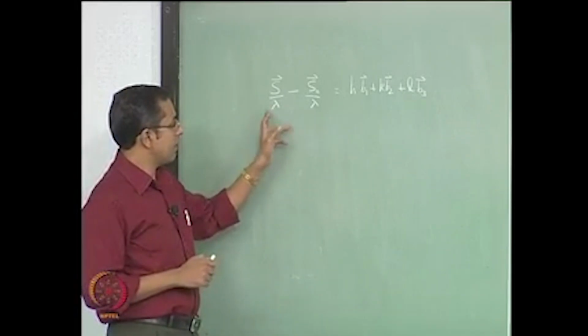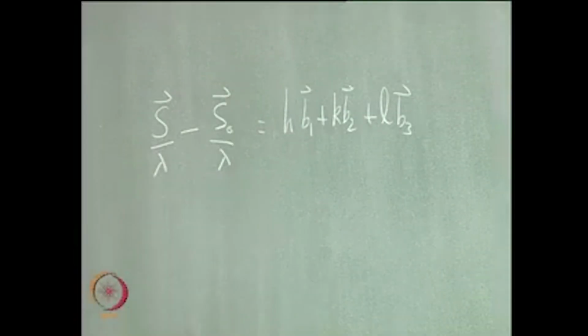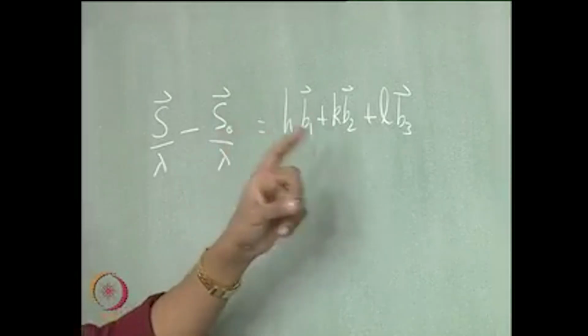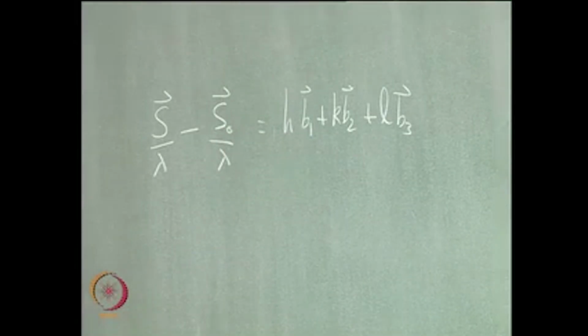Then we find that S by lambda minus S naught by lambda works out to H b1 plus K b2 plus L b3 in the reciprocal space.